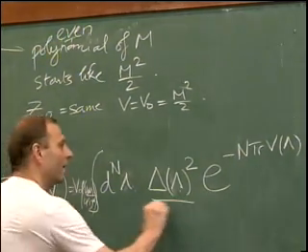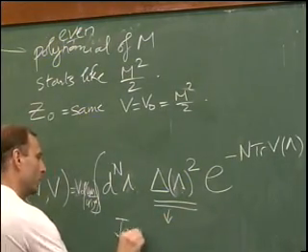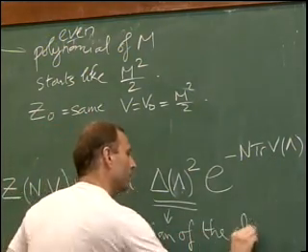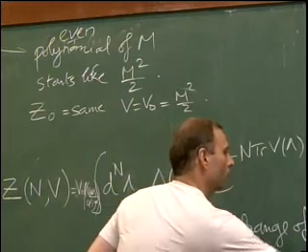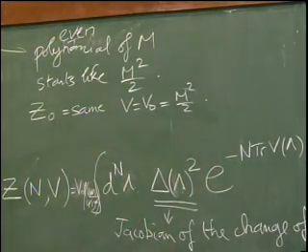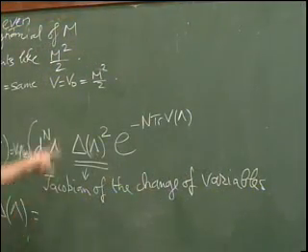And here is an interesting thing, which is the Jacobian of the change of variables. So this Jacobian is actually the van der Monde determinant of the eigenvalues. So delta of lambda, so the square of the van der Monde.